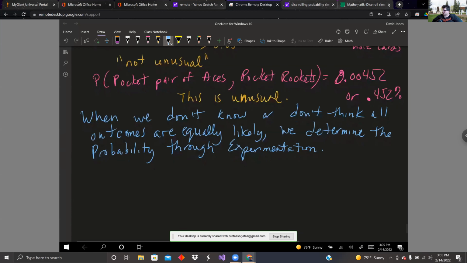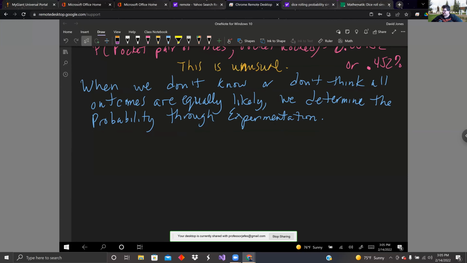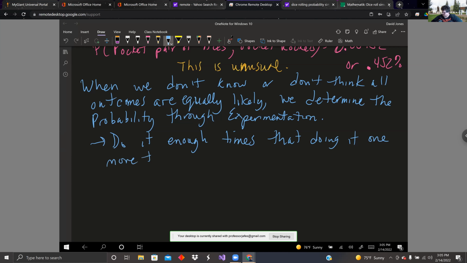And how that roughly works is you do it enough times that doing it one more time doesn't really change the outcome. Doesn't drastically change the probability.